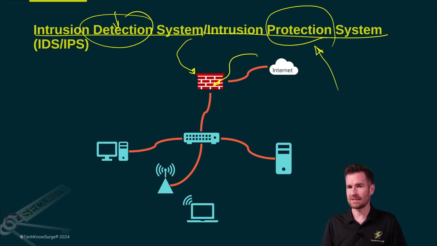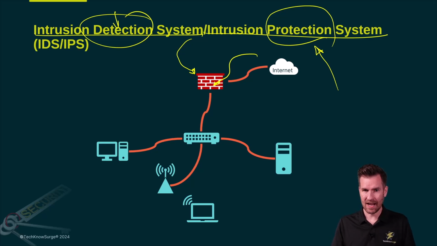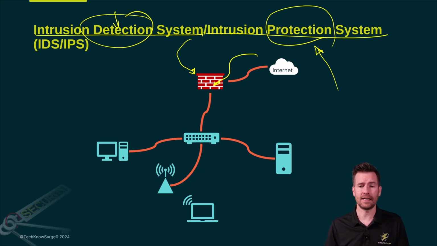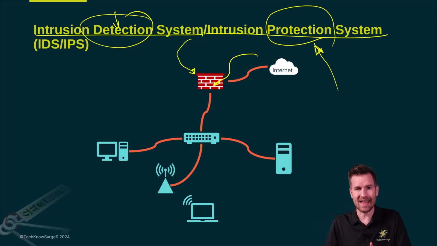Well, one of the problems is that anytime you have something that's looking at certain behavior and trying to determine what the behavior is, you're going to have something called false positives. And so if you have something that's actively stopping traffic from coming into your network, sometimes legitimate traffic can't make a connection.